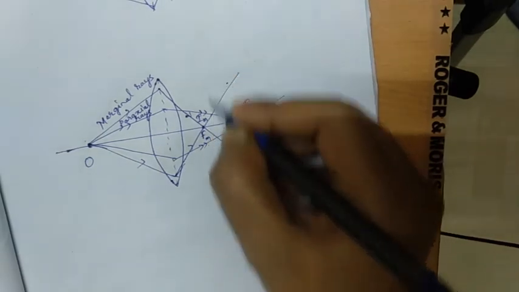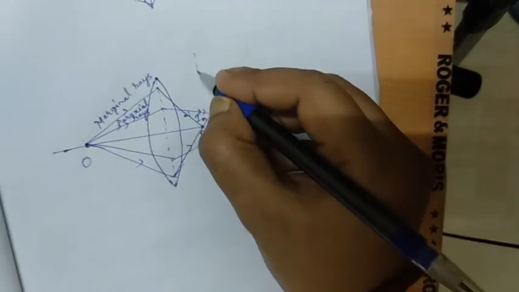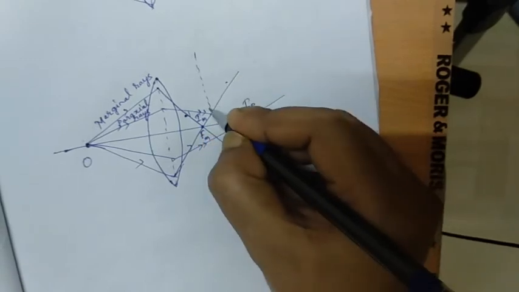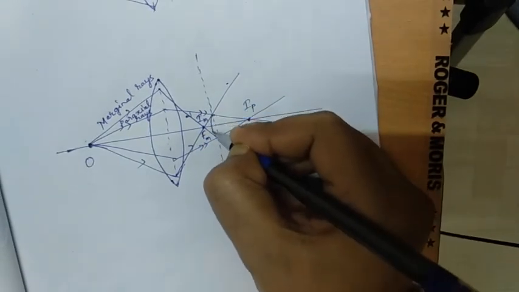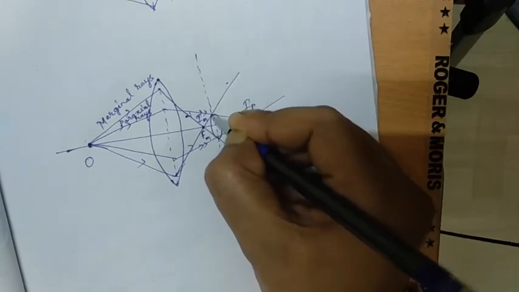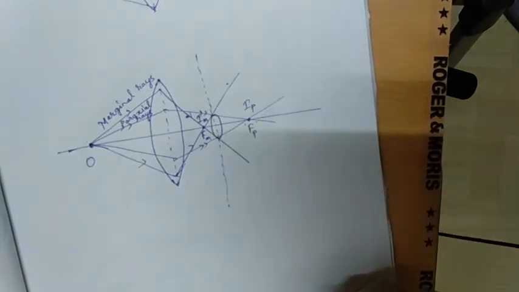If you place a screen over here, you'll see that a circular disc kind of image is formed.